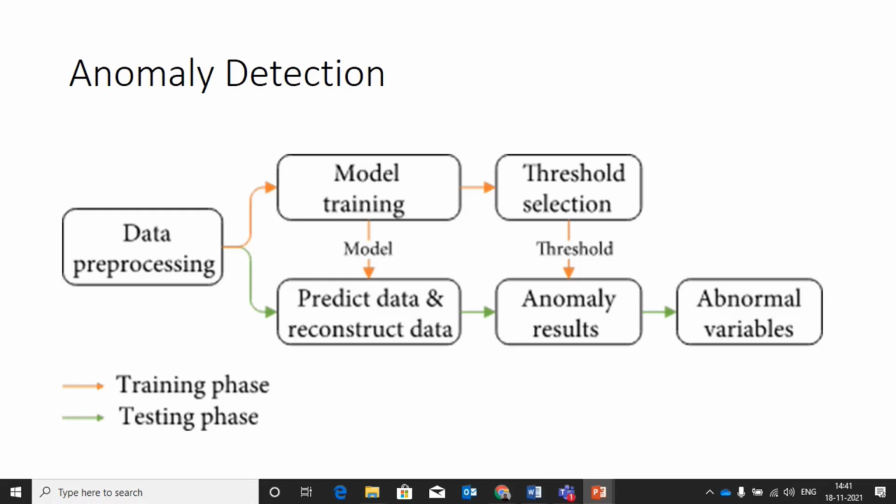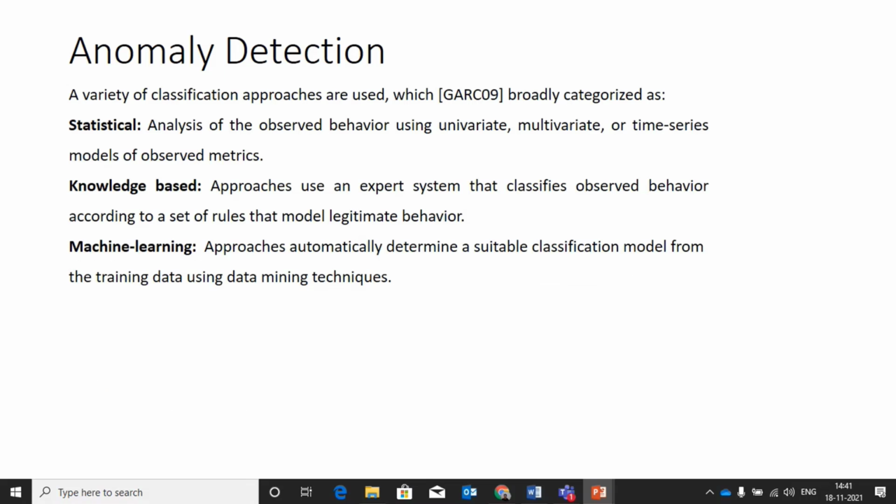That is a machine learning approach for the creation of an IDS. We train our model and set the threshold values, and whenever we test, we predict the data and try to reconstruct, so some reverse feedback is happening. We figure out the anomaly result and observe it, and if the results are good, then you can say our model is good, and we can build an improved IDS.